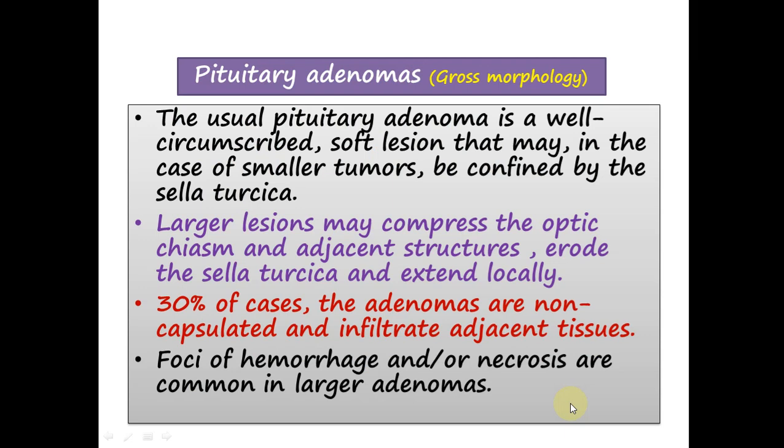The gross morphology of the adenoma, since it is a benign tumor, is a well circumscribed, soft lesion, and mostly if it is a microadenoma, it will be confined to the sella turcica, without bony erosion.